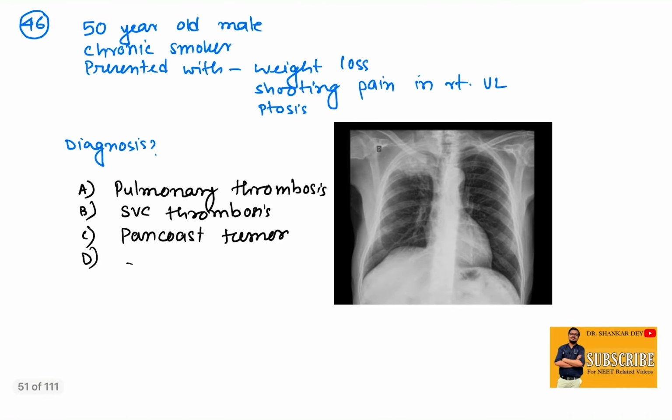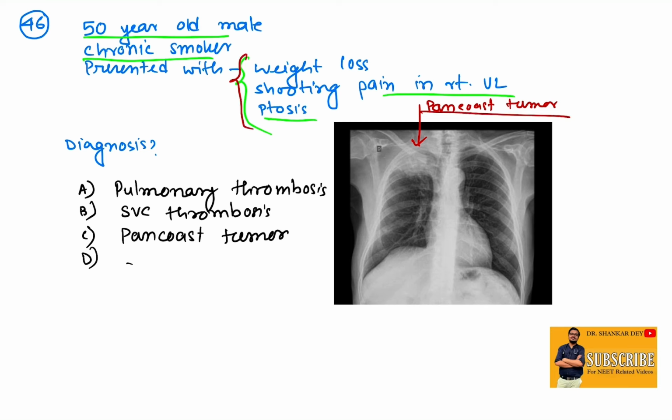Coming to question number 46, 50-year-old male, chronic smoker, patient with weight loss, shooting pain in the right upper limb and ptosis. In this case, as you can see in this image, there is some opacification of right upper lobe. This is nothing but right upper lobe tumor, also known as Pancoast tumor. And how is Pancoast tumor associated with all of these findings? As it is a tumor or malignancy, it is associated with weight loss.